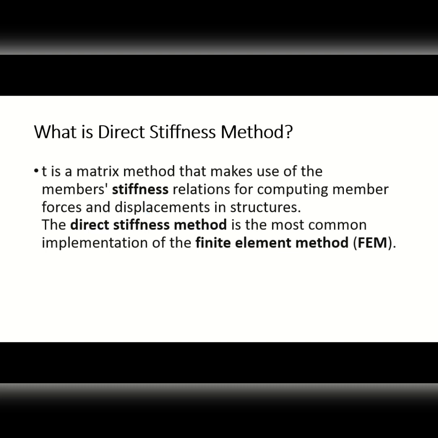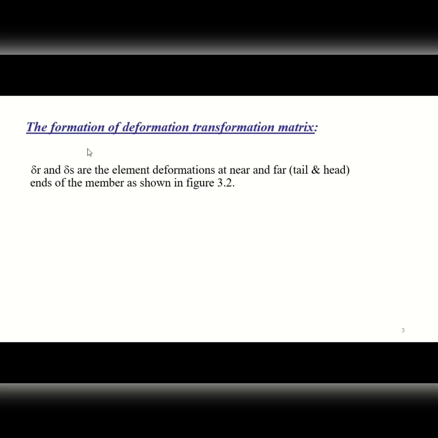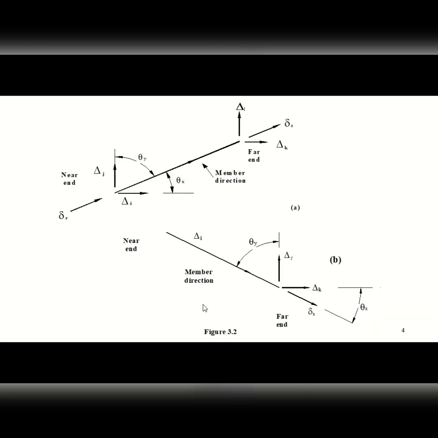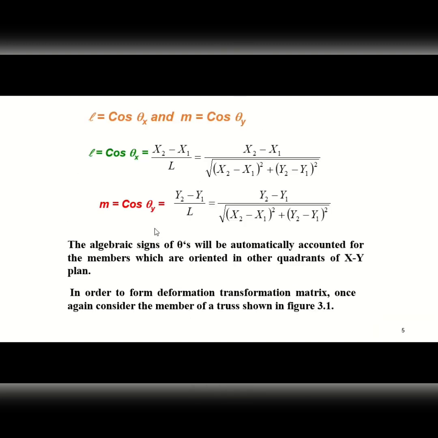So this is the formation of matrices. The derivation I can't cover in this video, but we solve directly from the formulas. We just need to remember these two formulas initially.